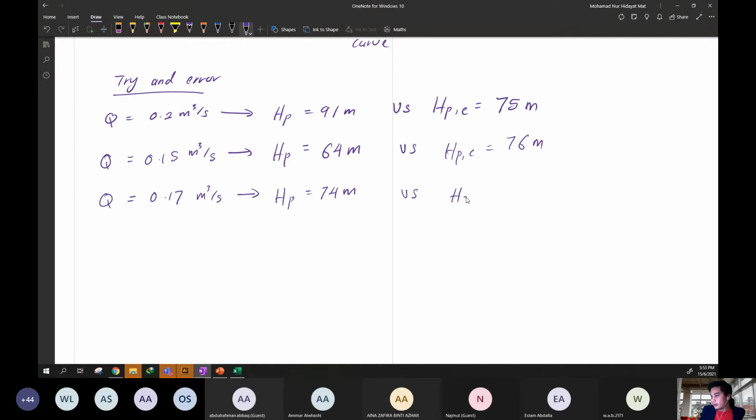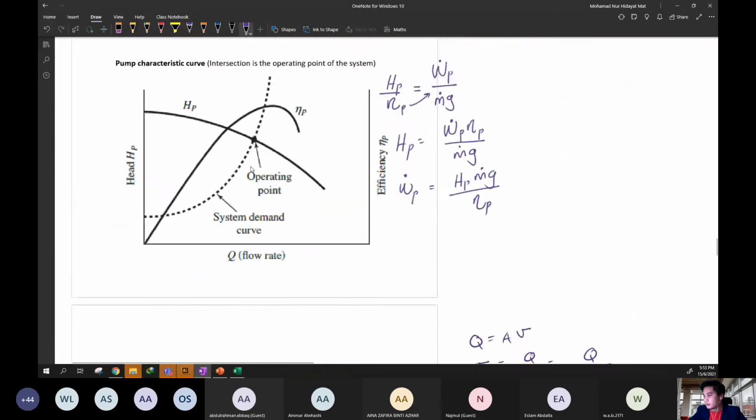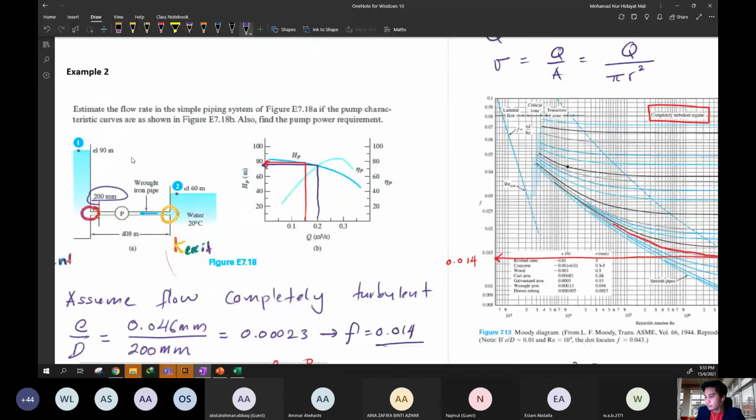Versus the head of pump characteristic, you can see 0.17. Which one? This is 0.15. This is 0.17, maybe this one. In between here, yeah.